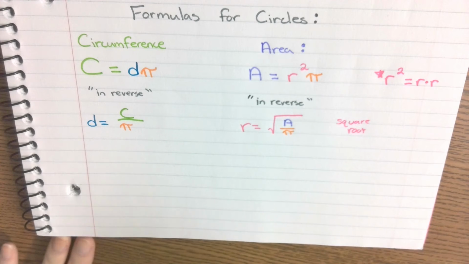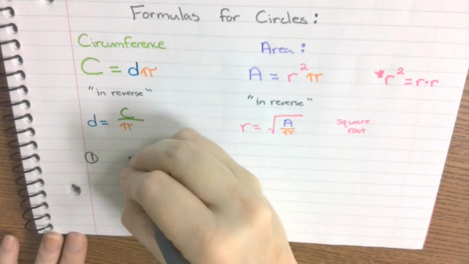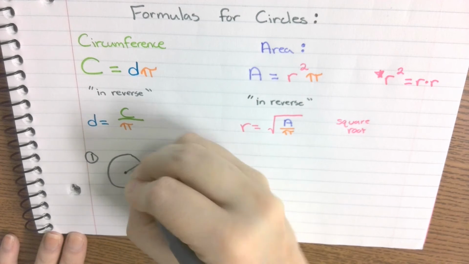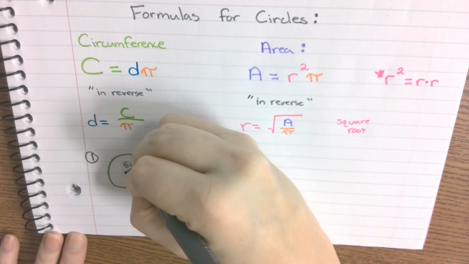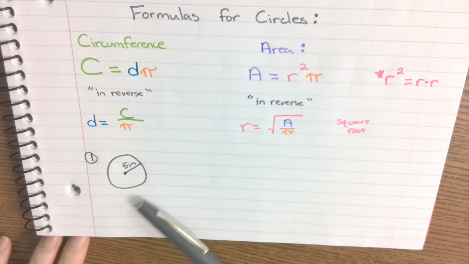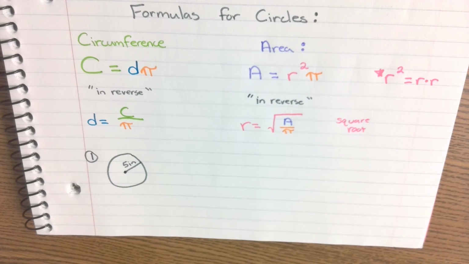Okay, so let's do a little bit of practice. I want you to find the circumference and the area. We're going to find the circumference and the area for that problem.